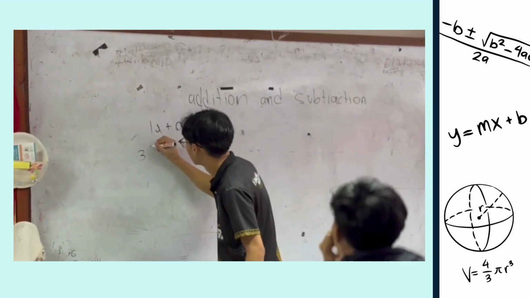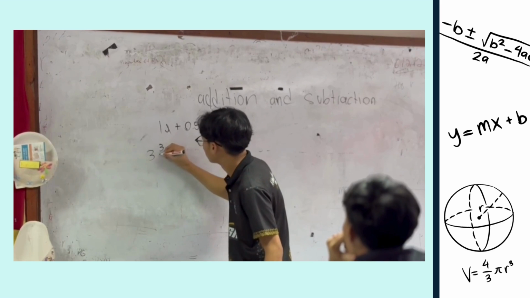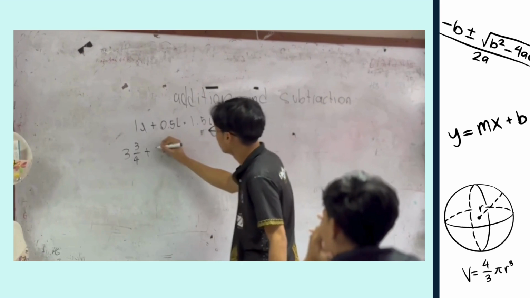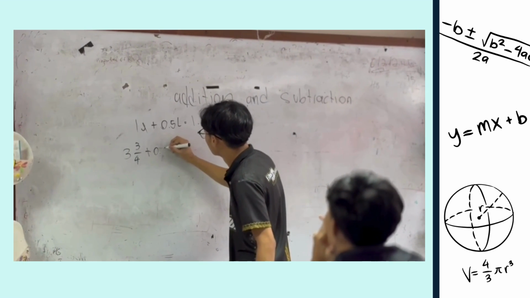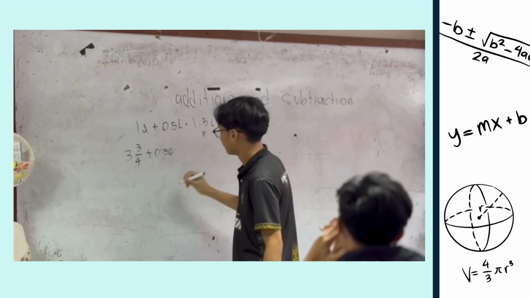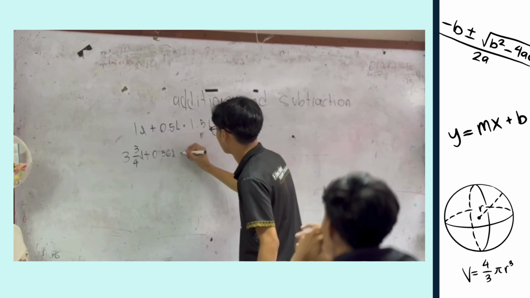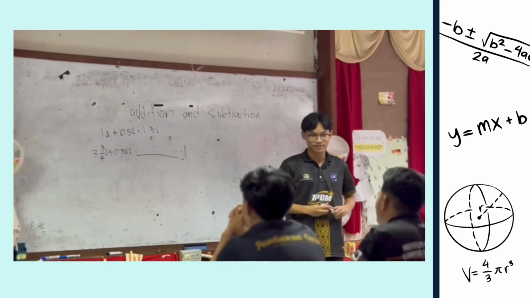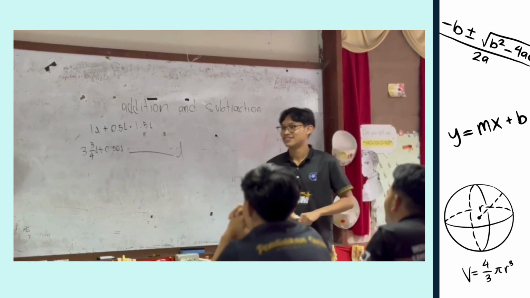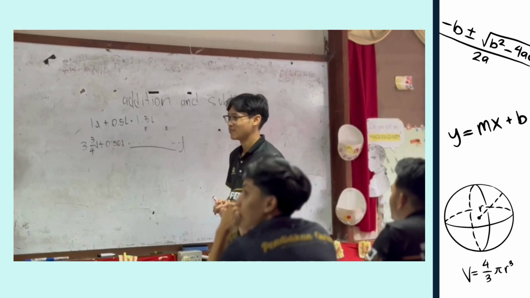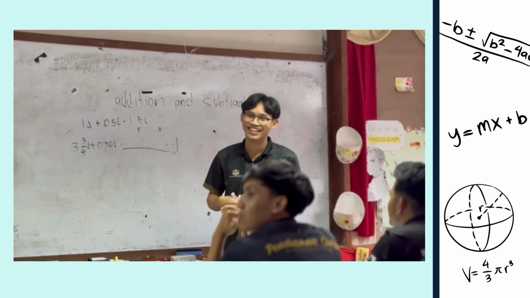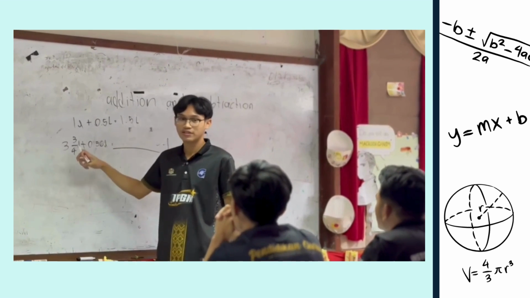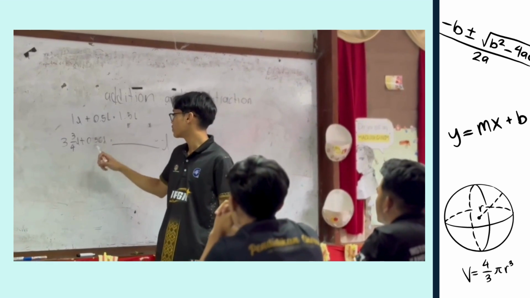3 and 4 plus 6. Okay, how about this question? We are going to take a fraction and add it with 0.5.